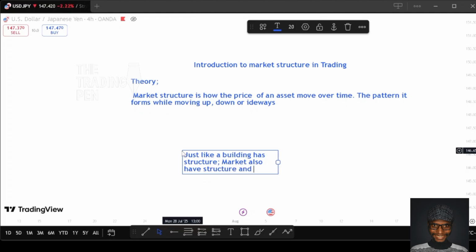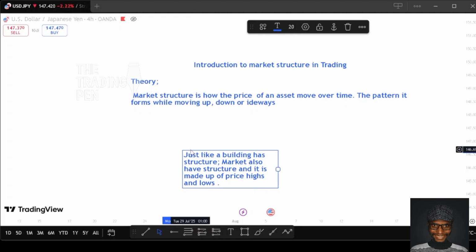It is made up of price highs and lows. Price highs and lows are what make market structure.